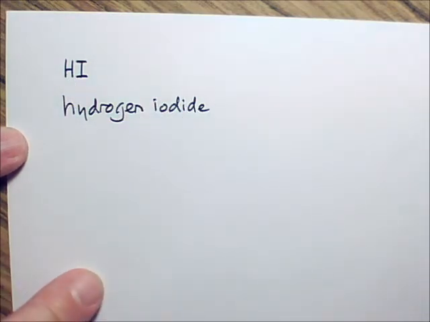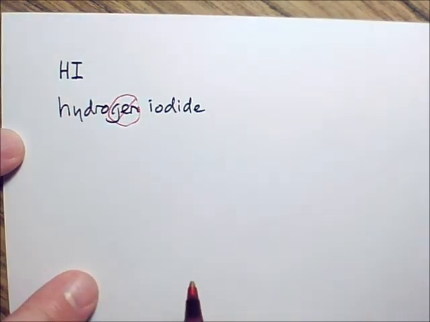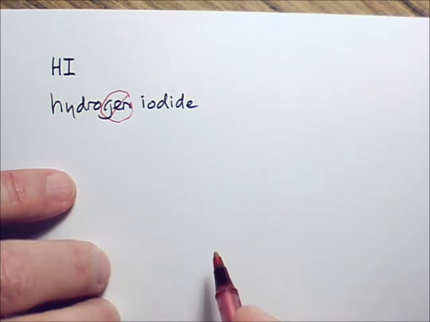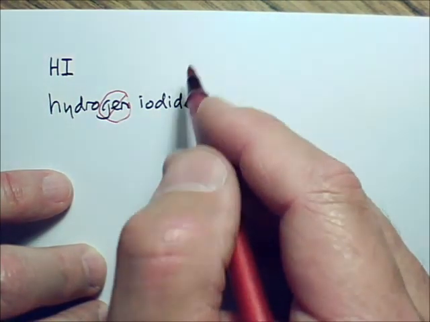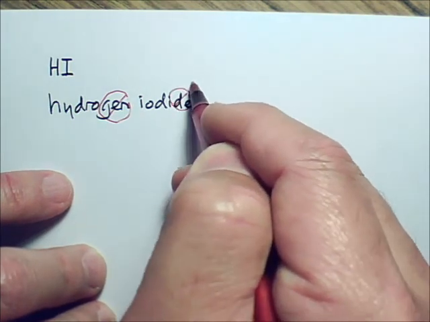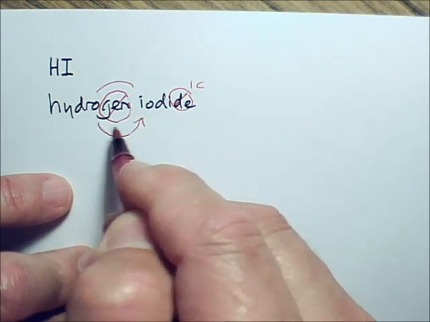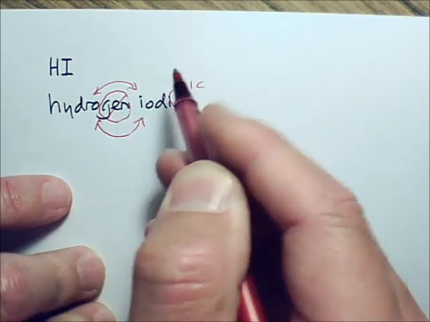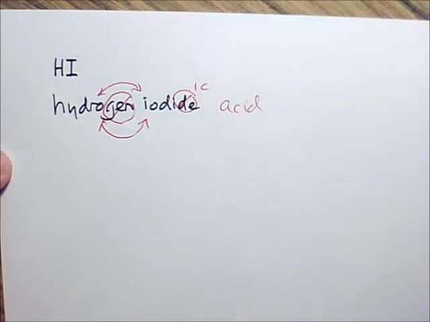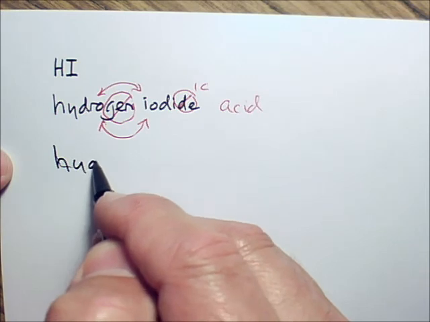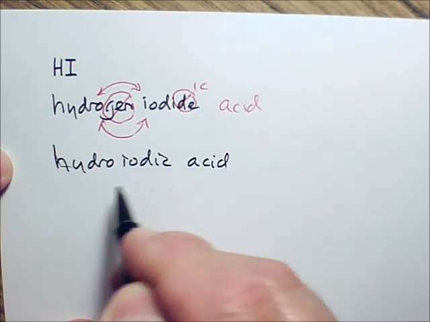So for a binary acid, you drop that part. Remember that was the joke about high school students aren't supposed to be drinking alcohol, so you don't want any gin. Okay? And then ide gets replaced with ic. These 2 parts are joined together. And then you're going to put the word acid on the end. So this becomes hydroiodic acid.